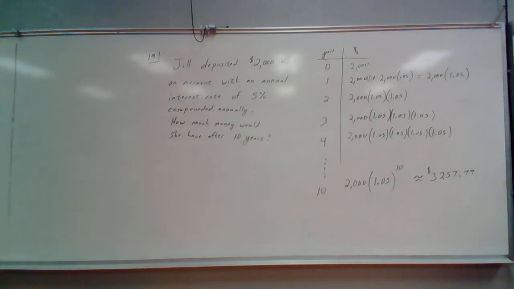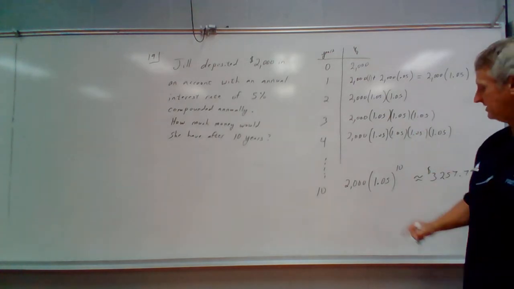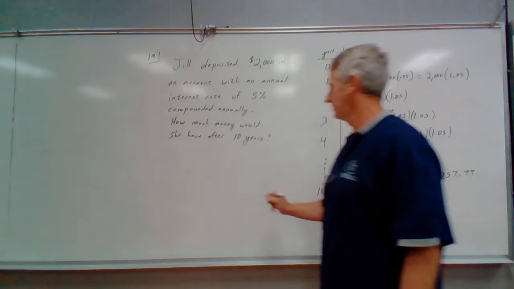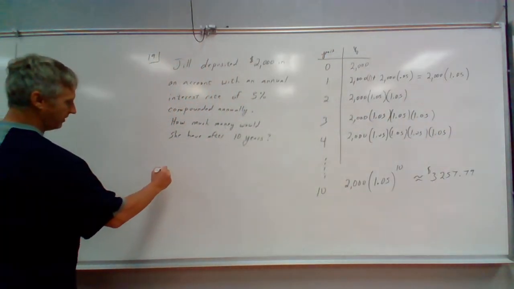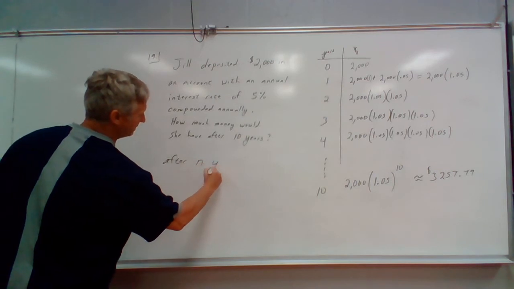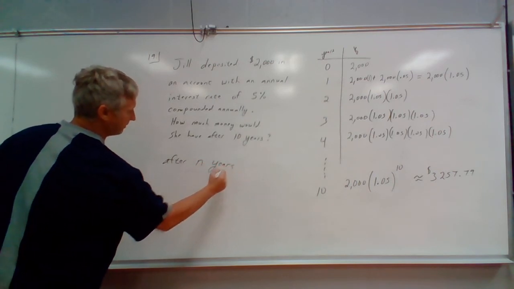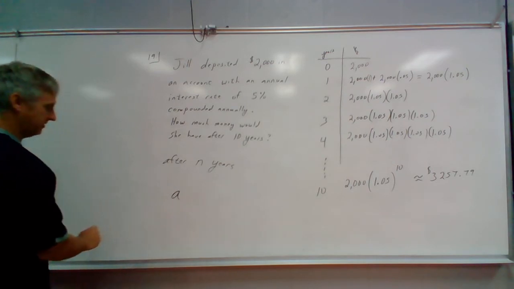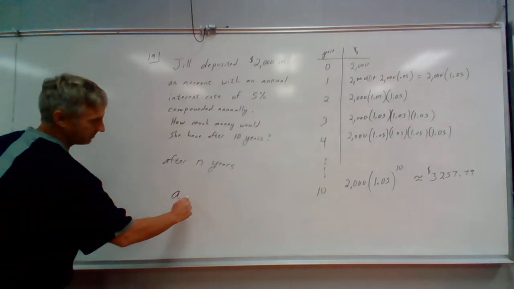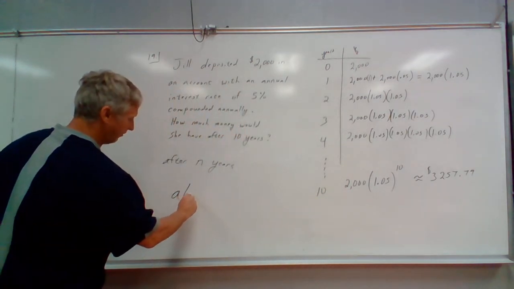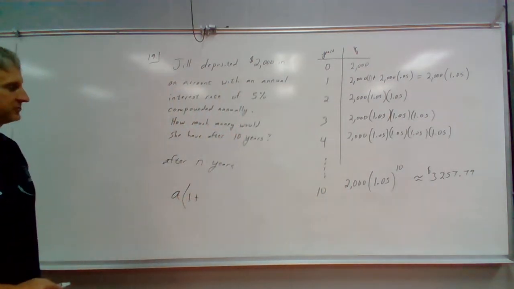All right, so in general, to figure out this compounded interest, after n years, you're going to do the beginning amount. We'll call that A. And we're going to multiply it by 1 plus the interest rate.